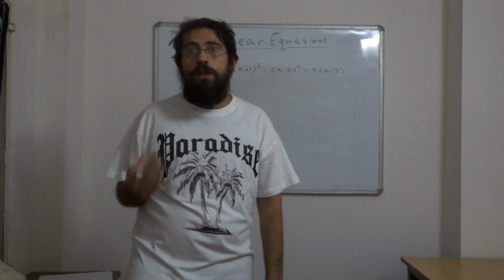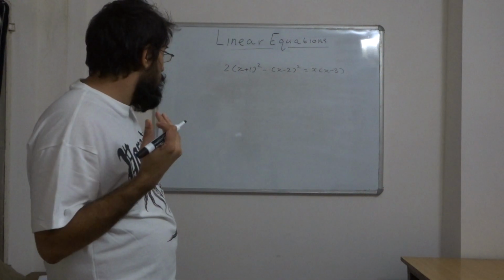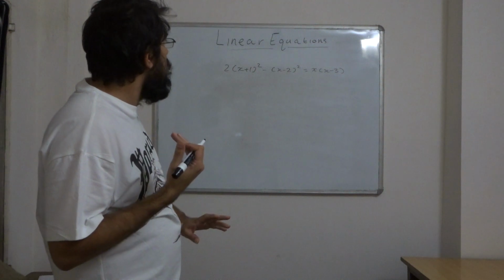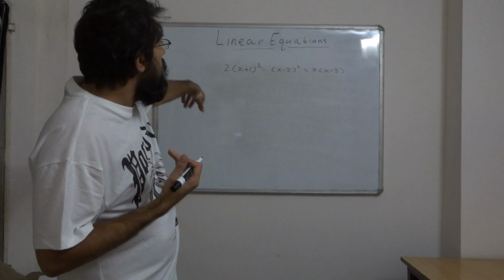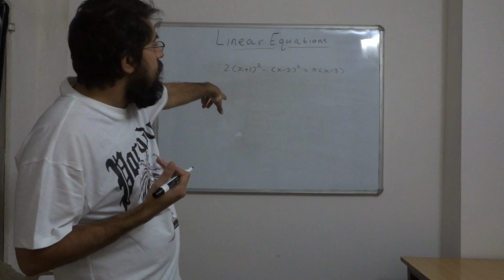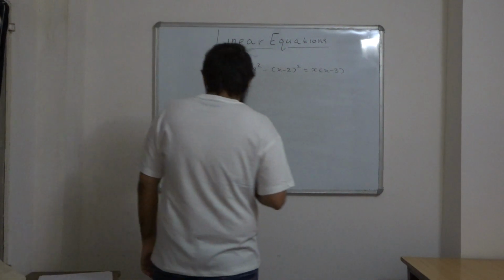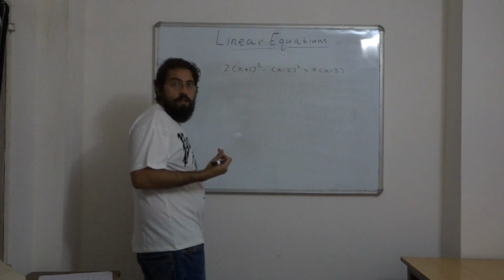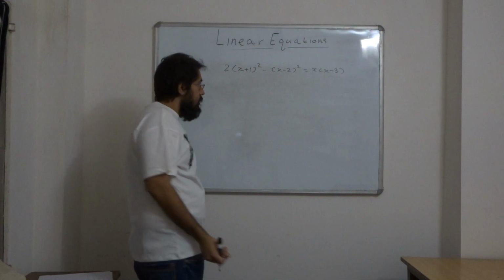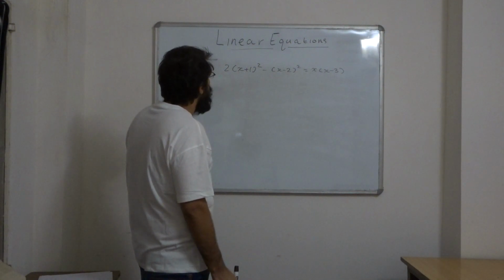Here you're going to be using 3 identities. Basically you're going to be using the whole square identity and then the distributive law. But remember guys, the distributive law is also an algebraic identity. Don't forget about that.